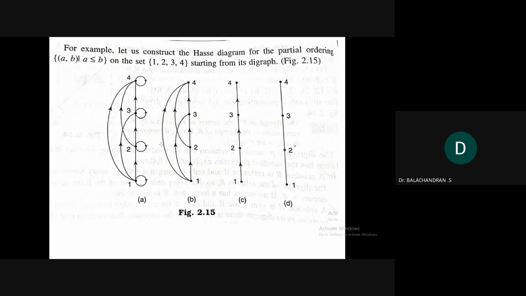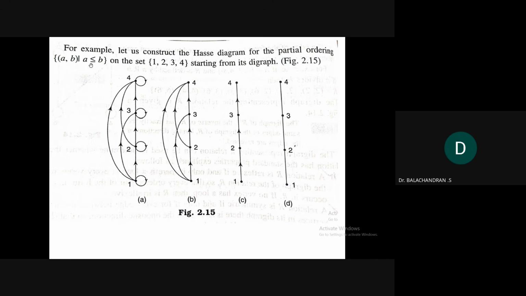For example, let us construct the Hasse diagram for the partial ordering, the set of all ordered pairs (a, b) such that a is less than or equal to b on the set {1, 2, 3, 4}, starting from its diagram.